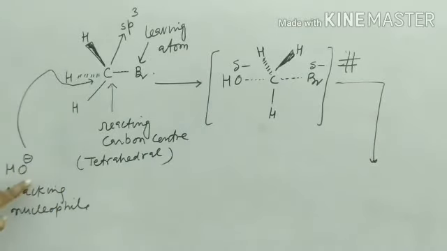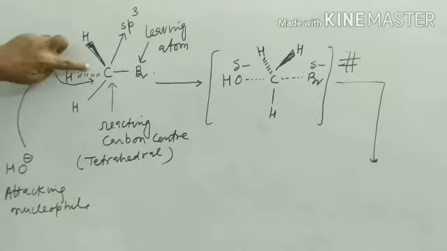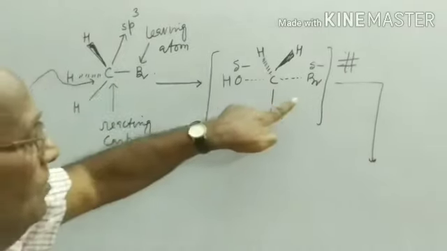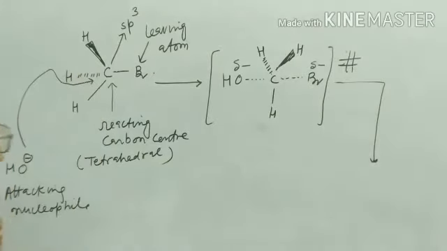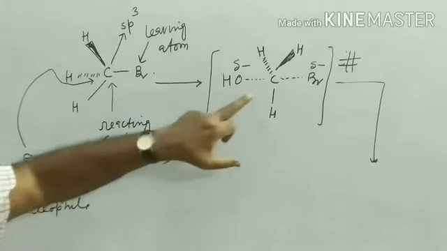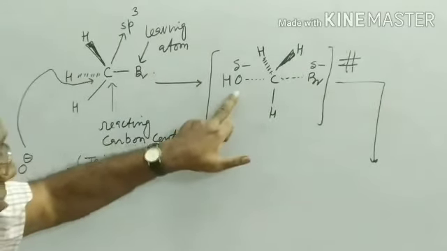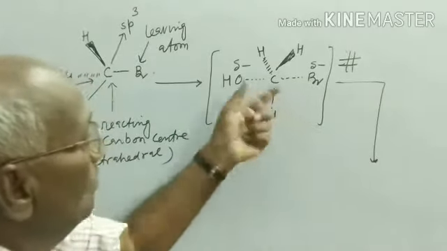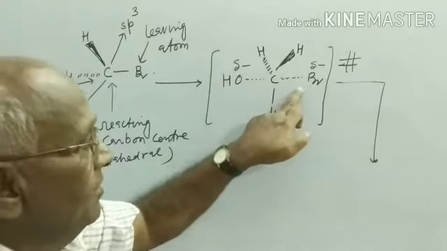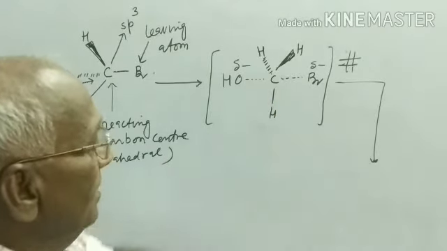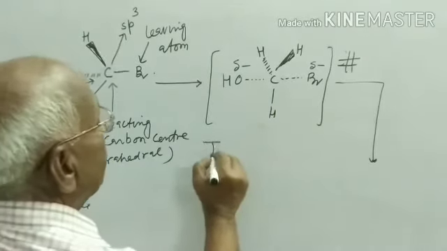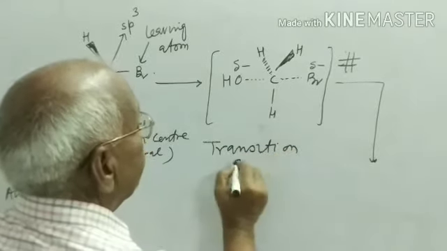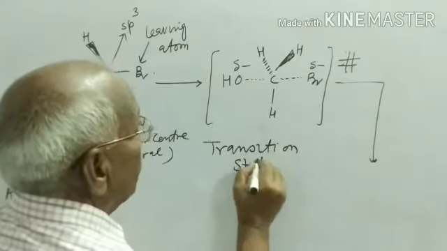The attacking nucleophile attacks the sp3 carbon from the back side, and the leaving atom goes out from the front side. A stage comes in which attacking nucleophile and the bromide ion, the leaving atom, both are half bonded to reacting carbon center, is called as transition state.